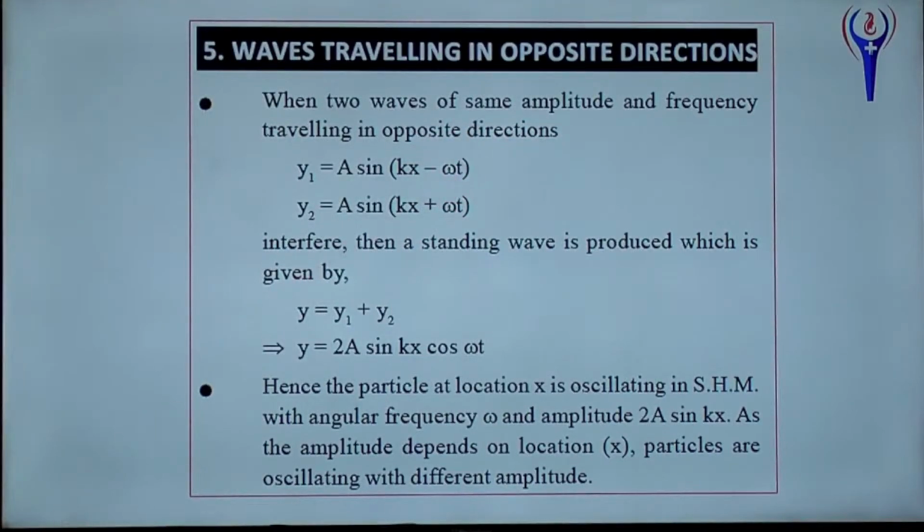Opposite direction in the sense, this is moving in the forward, positive direction and this in the backward direction. According to this formula, this wave is traveling in what axis? Positive x-axis, and this will be negative x-axis.